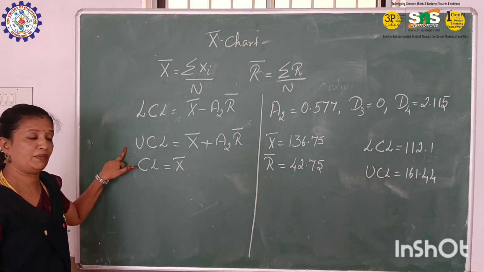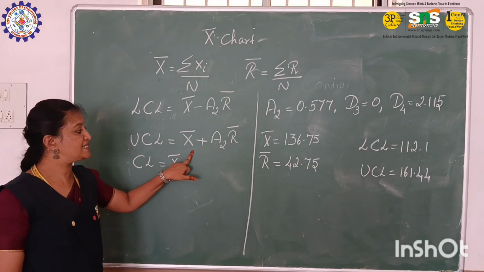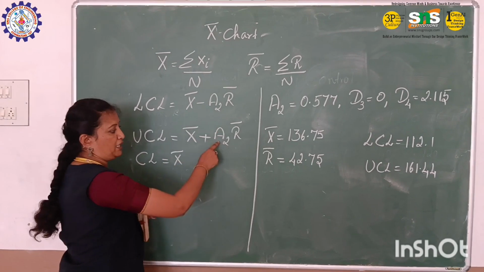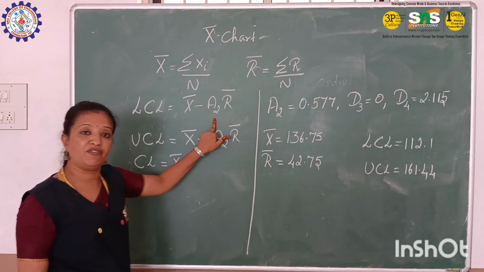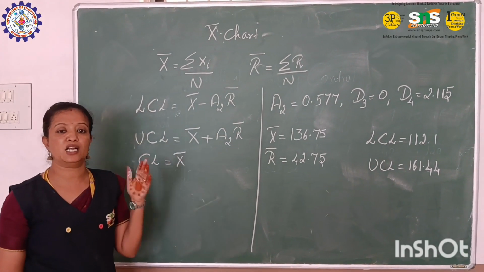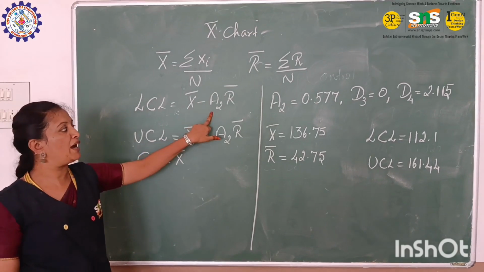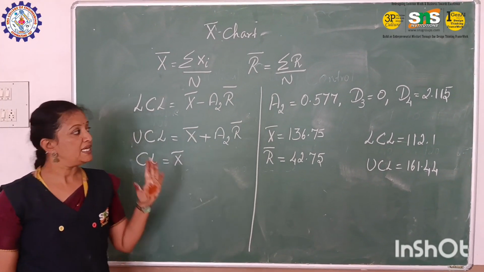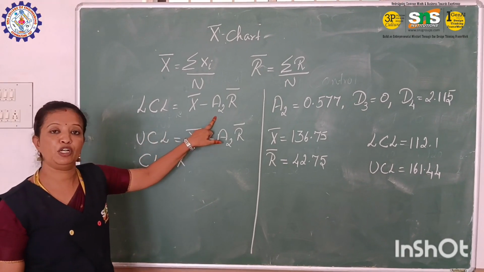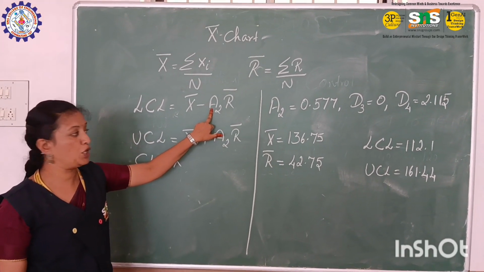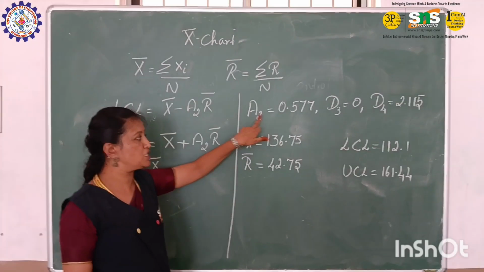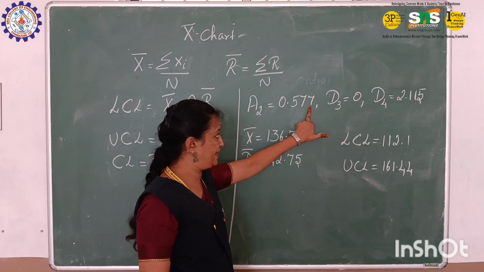And upper control limit, you call it UCL. It is X bar plus A2 R bar. Here A2 value you get from the statistical control chart, for the sample size. Here the sample size is given to be 6. So for sample size 6, A2 is equal to 0.577.